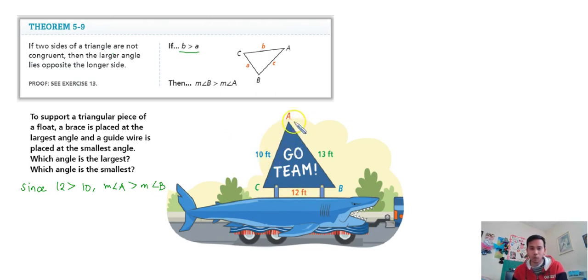Also, since 13 is greater than 12, comparing this side to this side, we can say that the measure of angle C is greater than the measure of angle A.